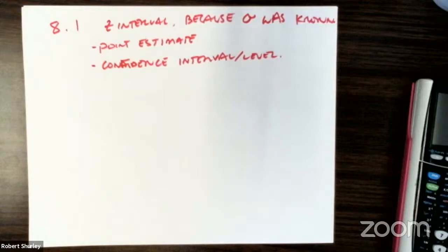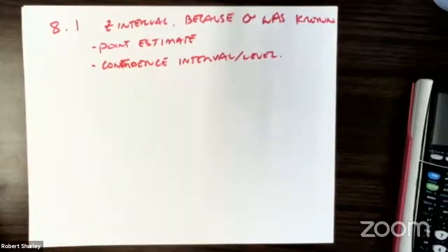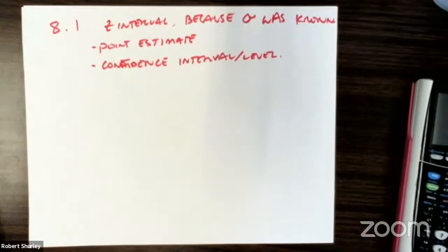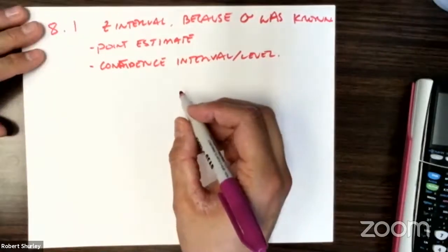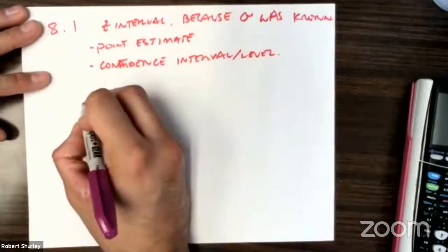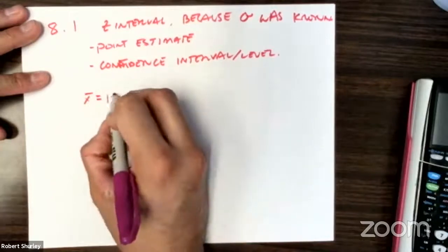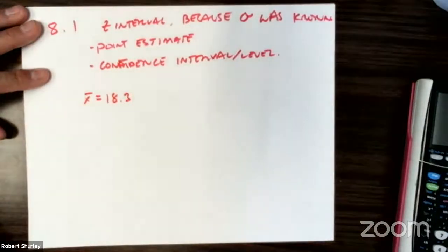Okay, you said number 6. I could do some certain things, and then I get to one, go totally. No, that's fine. So you said 8.1, right? Okay, so this is on page 364, and it says, in a survey of a simple random sample of students at a certain college, the sample mean time per week spent watching TV was 18.3 hours, and the margin of error for the confidence.